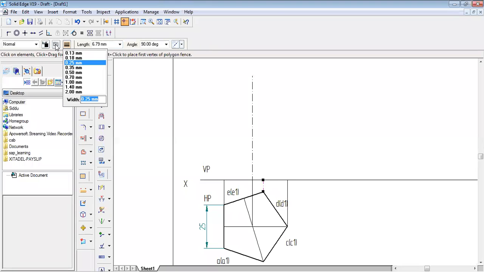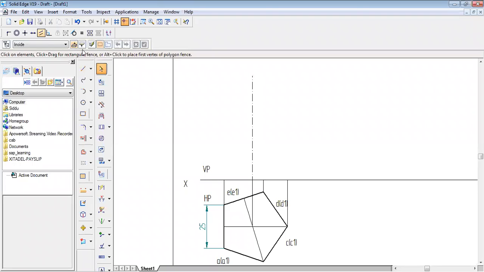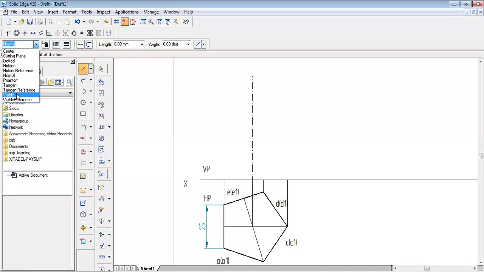So this is also a continuous line. Both the edges are showing in the same line, right?